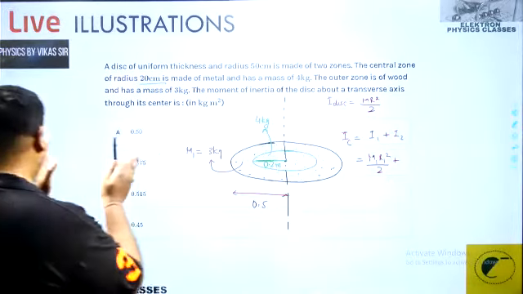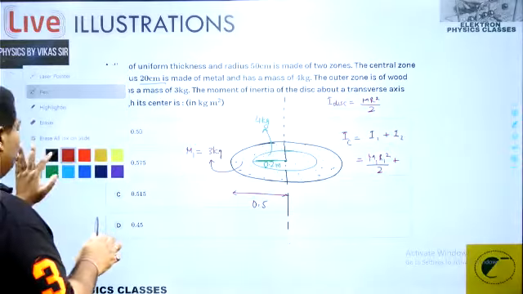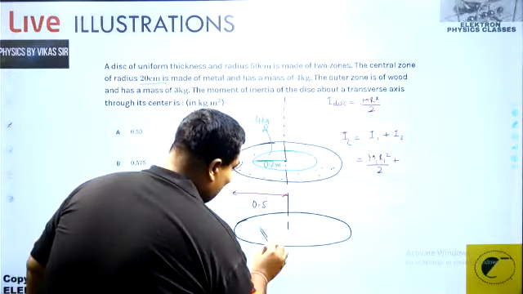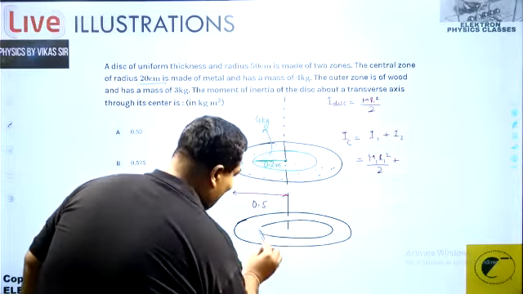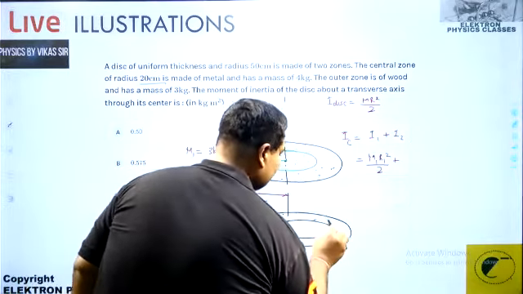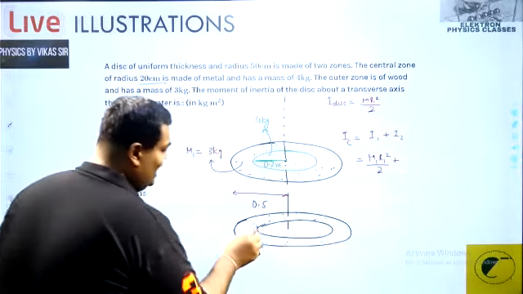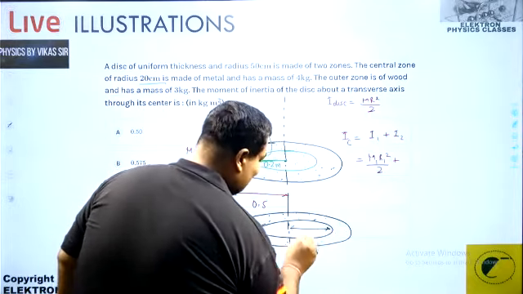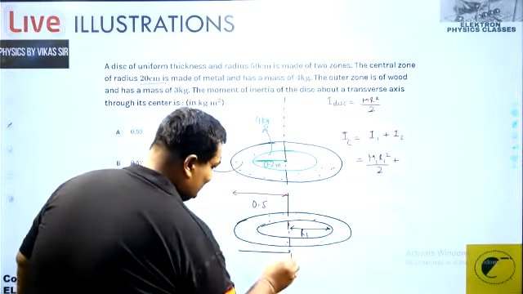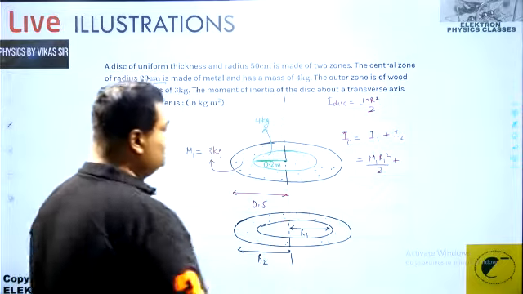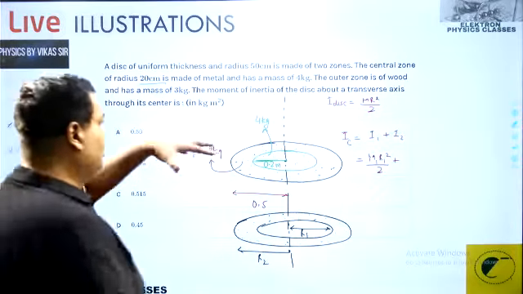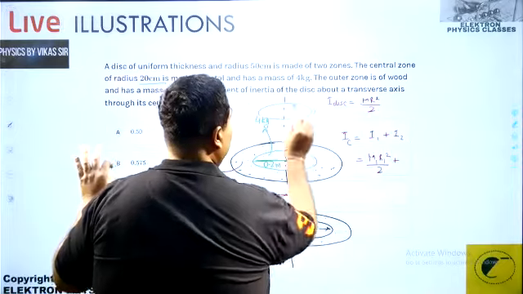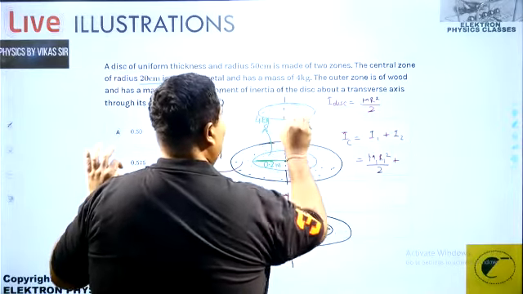And for the outer one is something which we have done earlier. This is an annular disk. Do you remember the annular disk, where this is the inside radius R1 and this is the outside radius R2? That's an annular disk. So it's an addition of two disks, where one of them is a complete disk, and the second one is an annular disk.